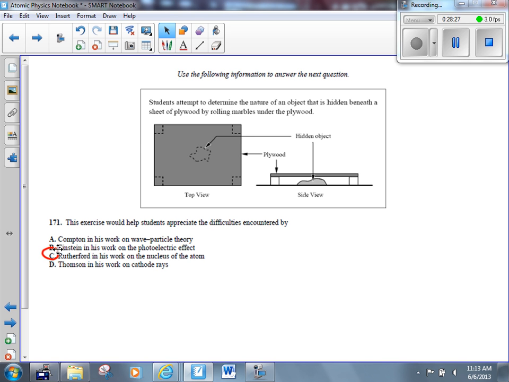We're throwing these marbles at it and seeing if these marbles go straight through or bounce back or get deflected or whatever. That is not exactly what Rutherford did, because he fired these tiny little alpha particles. But in the end, it's a lot more like Rutherford's gold foil experiment than it is like Thomson's cathode ray tube or Compton or Einstein with the photoelectric effect. So the answer is C.